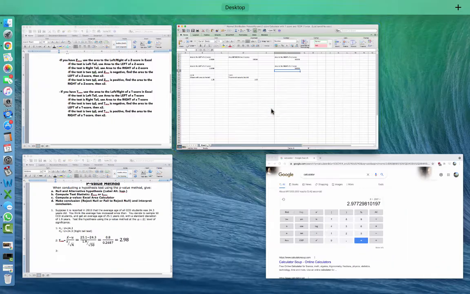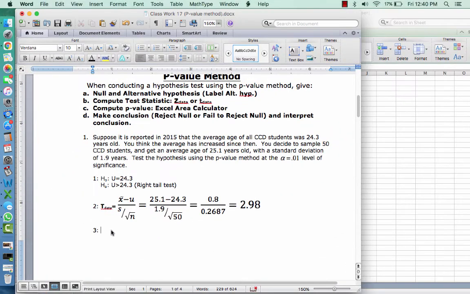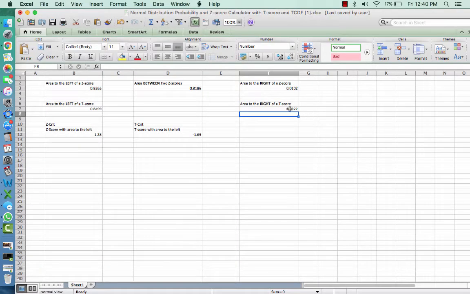Just to show what I did: the area to the right of a t-score because I have t data and I'm doing a p-value and I have a right tail test. So then I put in that formula, I did 2.98, and then I put in the degrees of freedom, the sample size minus 1. It gave me a p-value of 0.0022. That's this number here.